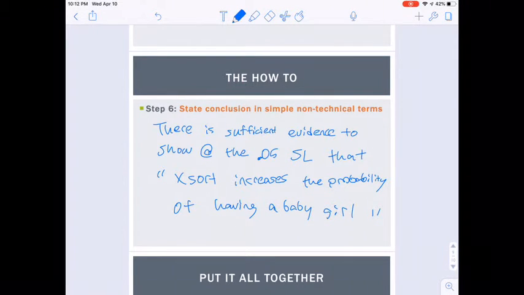When you're saying the probability is greater than 0.5, you're saying you're increasing the probability of having a baby girl. And that is our non-technical conclusion. That is stating it in a way that most people would be able to understand.